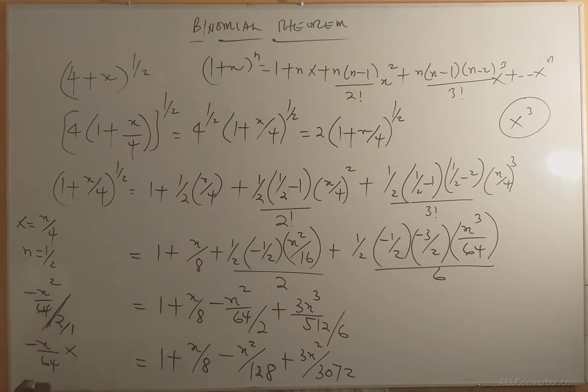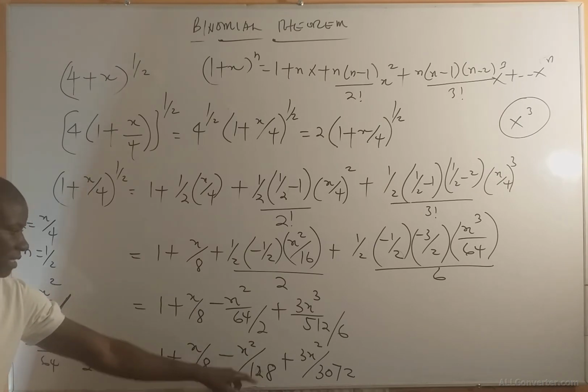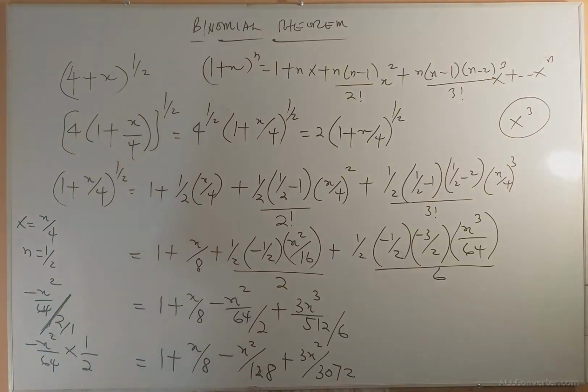This is also over 1. So when the division sign changes to multiplication, then the 1 goes up and the 2 comes down. And so minus x squared times 1 will give us minus x squared. But 64 times 2 gives us 128. And so that is how come we have minus x squared over 128.